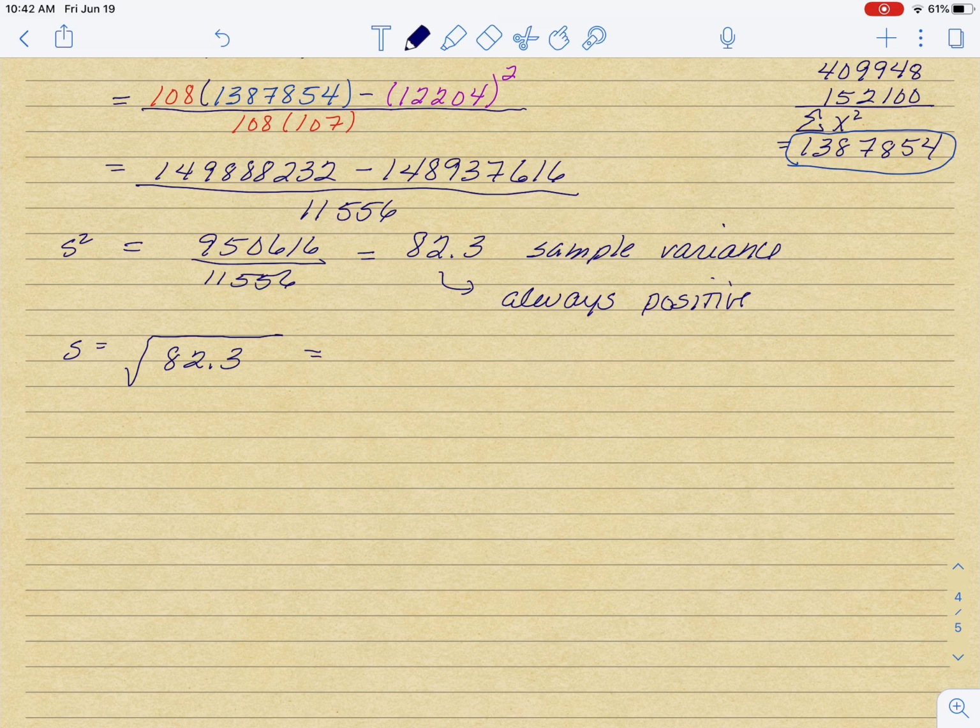So when we find the standard deviation, it's the square root of our variance, and I get 9.1 as my standard deviation if I take it to one decimal place. So that's our sample standard deviation.